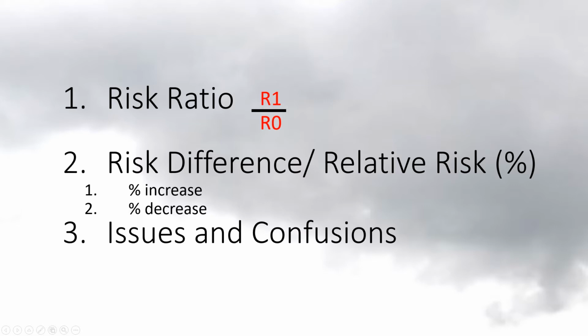This point 2 here, risk differences, will be able to be used in odds ratios and rate ratios also. So be very, very clear on this second point. And the third point, I'm going to go over some issues and confusions that I personally had with other calculations that you may find or you're taught, and just to clear the air there.